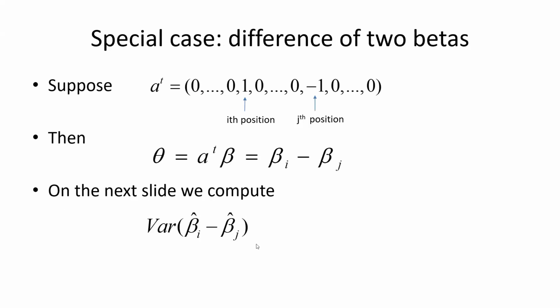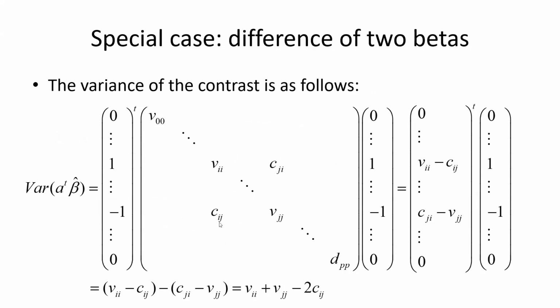So on the next slide, we're looking into the variance, right? So we know it's a linear combination of normal, so it's normal. So we need to figure out the expectation and the variance. The expectation we have here. For the variance, we have A transpose in front, we have a 1 and a minus 1, and here in the back.